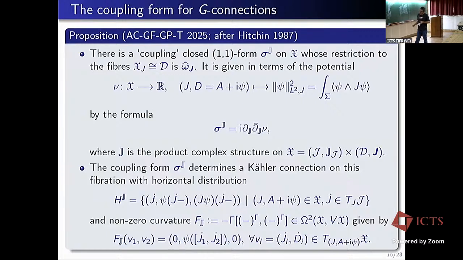I mean, any Kähler fibration has a Kähler connection if you add a coupling form, and in this case, it's just given by this formula. So you see the curvature is non-vanishing. Maybe we can focus on this part anyway. Oh, sorry. So this should be sigma, I guess, because we want it to be closed.